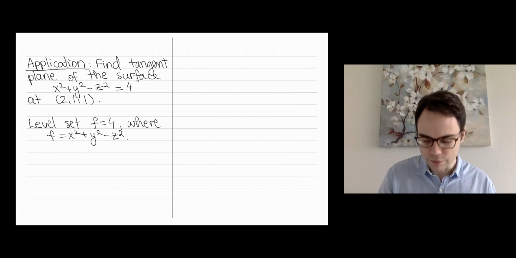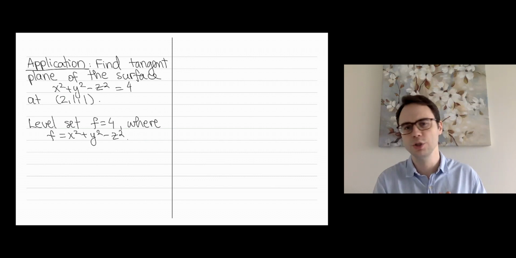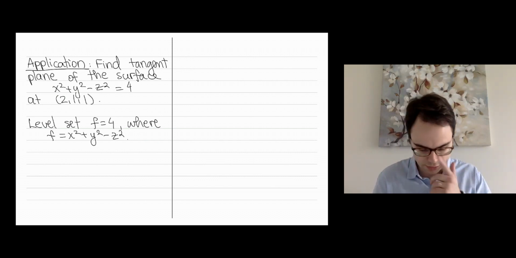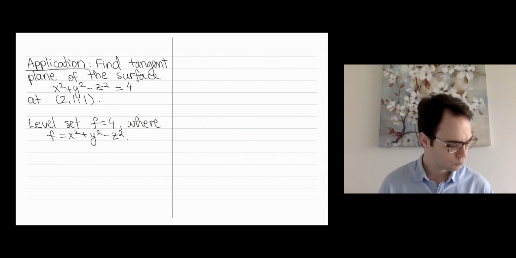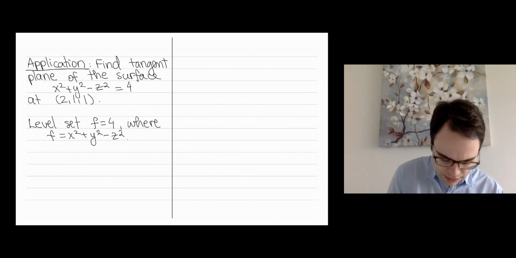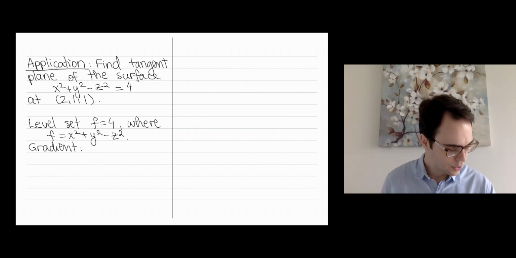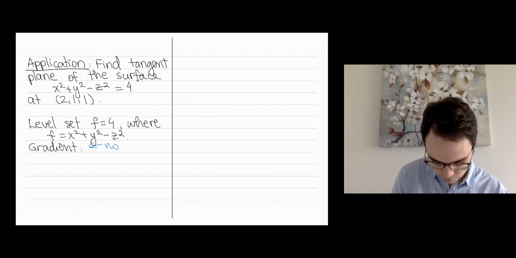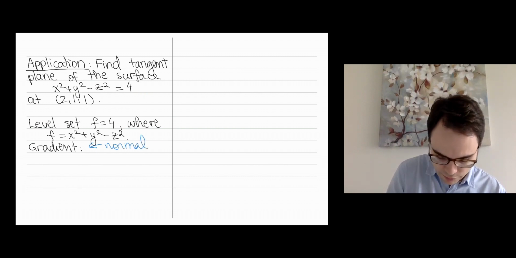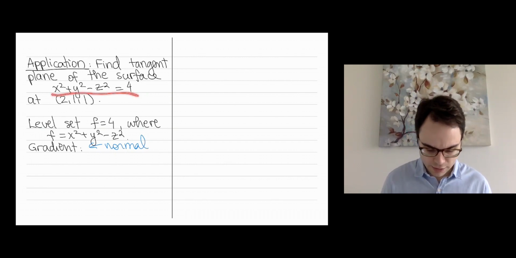Any surface given to us as the set of solutions to an equation is a level set; you can always put it in this framework. The gradient is the key here. The gradient of this function is normal to the surface, to this level set.